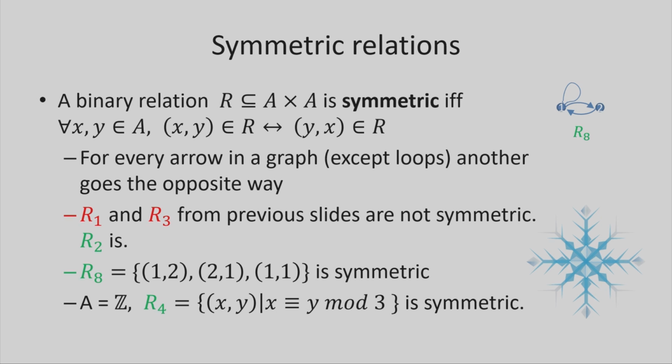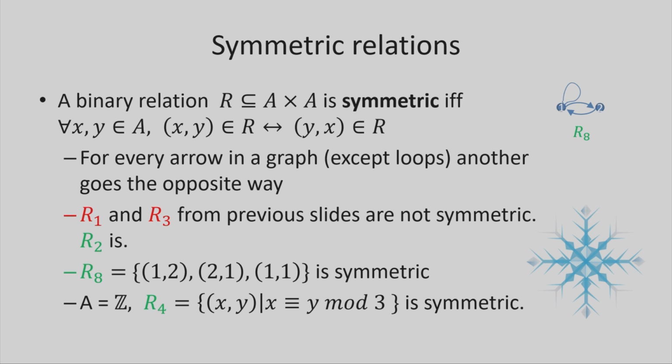So another property of relations is about the relation not of an element to itself, but of an element to other elements. And one of them is symmetry. So a binary relation is symmetric if every time you have x related to y, y also relates back to x.